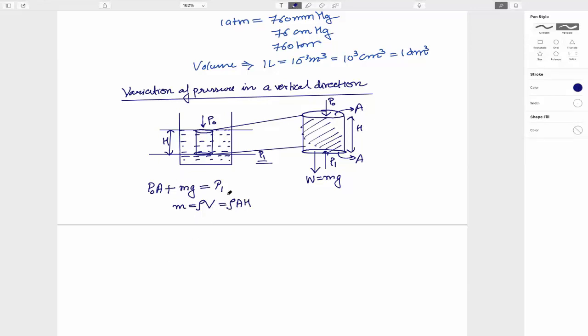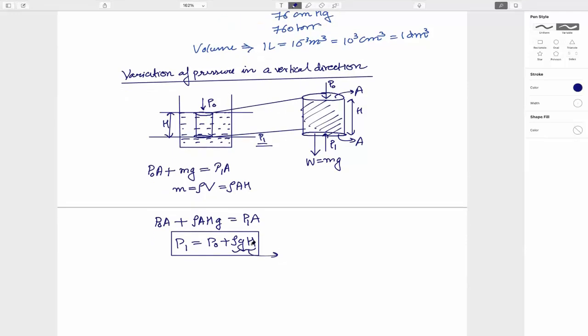We put it here. So P naught A plus rho A H g is equal to P1 A, and P1 comes out to be P naught plus rho g H. So that extra term is due to the body force of the fluid parcel.